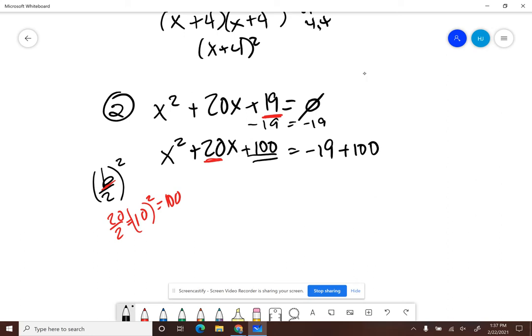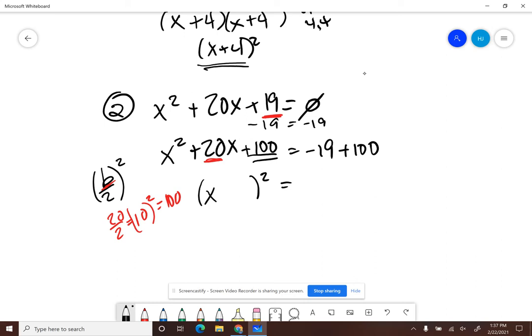Okay, let's think about what happens here now. I have created a perfect square trinomial. So we know that this is going to end up looking like x plus something squared, but let's figure out what actually needs to go there. So I'm going to go ahead and make 2 sets of parentheses and put squared. I know it's going to be x, but what was half of positive 20?